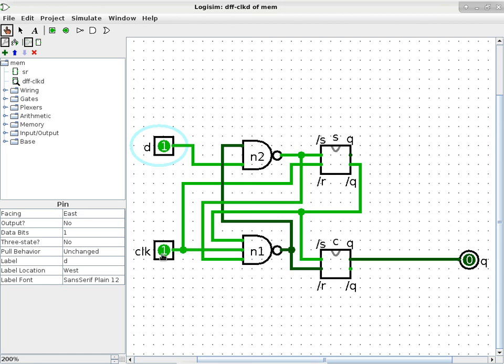When N2 outputs a 0, it's going to assert this pin here, which means the SR latch is going to be set, which also means /Q is going to be a 0. /Q being a 0 is propagated back to here, but this is going to set the pin. Hold on a second here. It's going to set the pin.